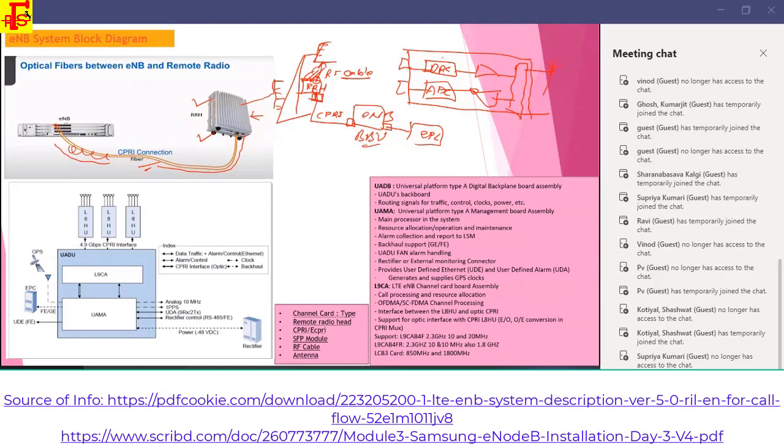If it is receiving any signal or transmitting any, it comes inside the RRH through the antenna. In the RRH, the power amplifier and low noise amplifier are there.